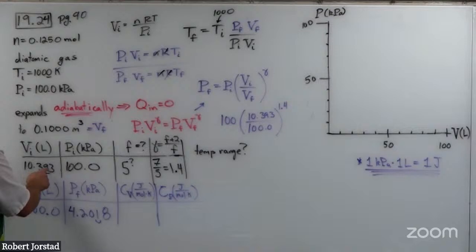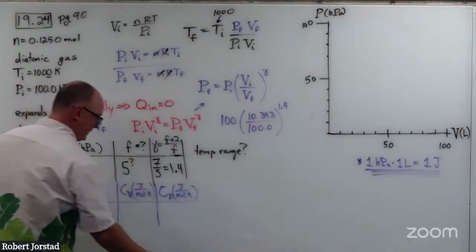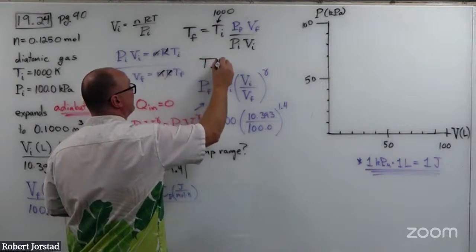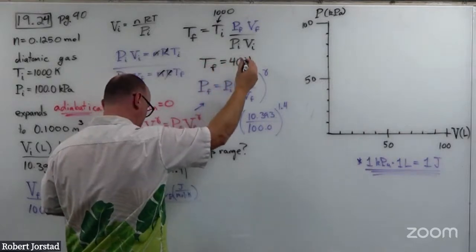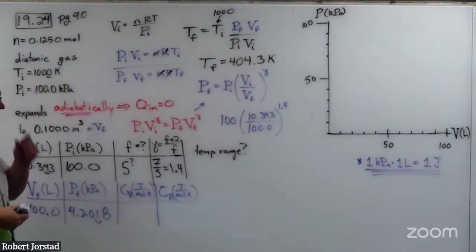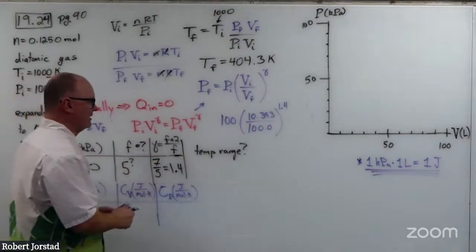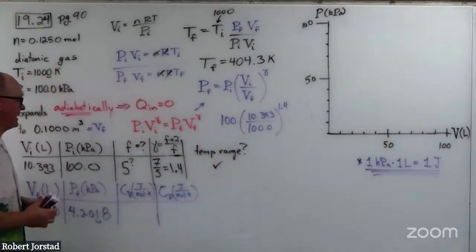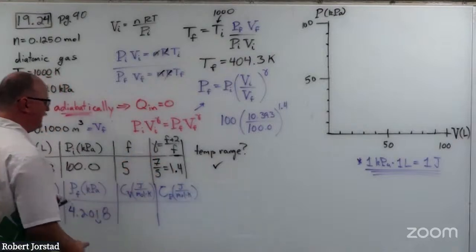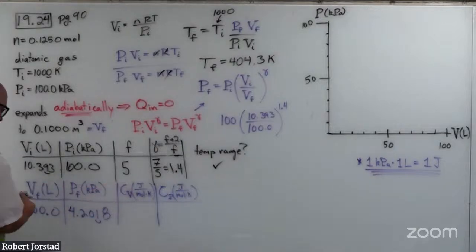Well, that's just shifted 2, that's just 1039.3, 404.3. So what did I get here? T final equals 404.3 Kelvin. Why am I doing this again? I'm verifying we're in the right temperature range. Check. So that means my assumption was valid. Now I feel confident in these numbers. Now I can go ahead and proceed and use those for the rest of the problem if I need it.